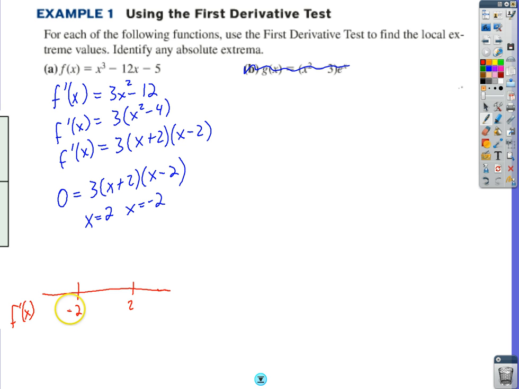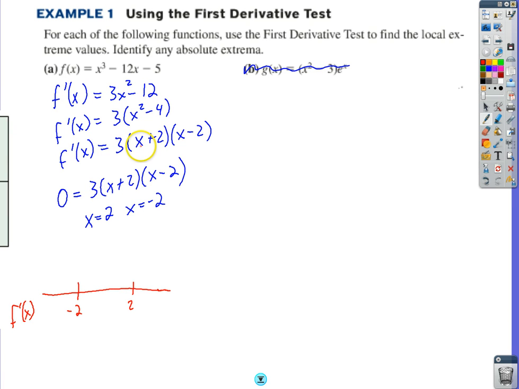So I look over here, I'm at negative 2 on my number line, and I go to any number less than negative 2. I want to go big, so I'll put negative 1,000. I'm going to plug negative 1,000 into f prime and find out what sign it is. Is it going to be positive or negative?